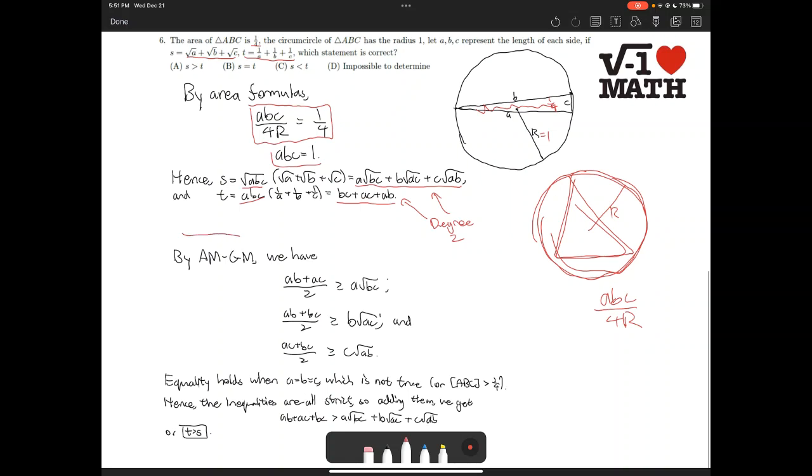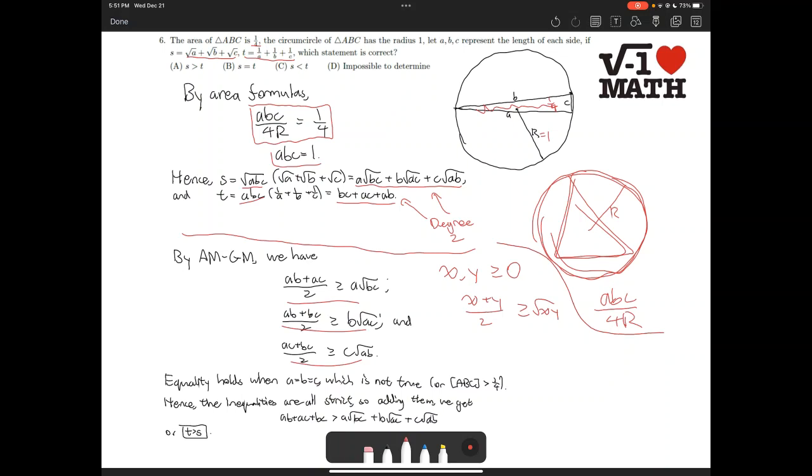So now we can note that by AM-GM we have 3 inequalities. AM-GM is arithmetic mean, geometric mean, and basically states that if we have two numbers and both of them are non-negative, then x plus y over 2 is greater than or equal to the square root of xy.